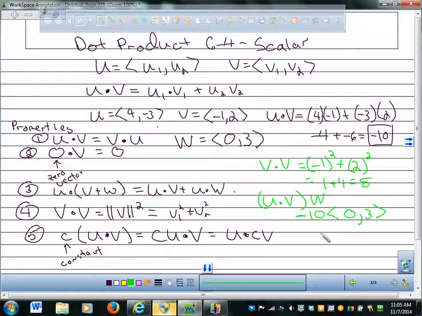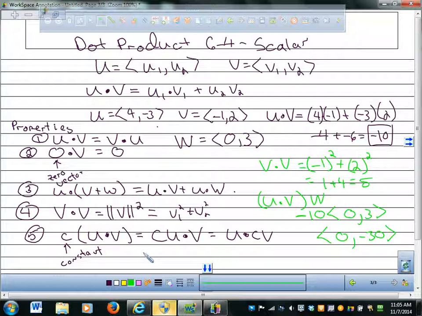So -10 times 0 is 0, and -10 times 3 is -30. So that's the vector u dot v times w. That returns a vector, not a scalar. So there are some examples. We're not done yet.